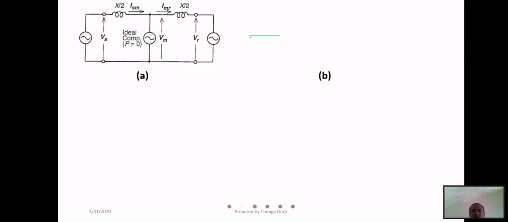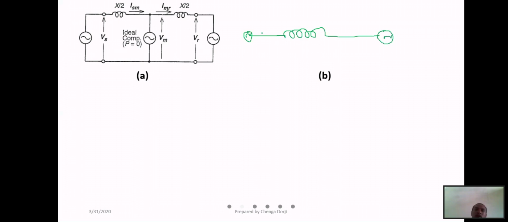Actually it is like this, a single line diagram. This is your generator A, then the transmission line, and then your generator B, a two machine system.